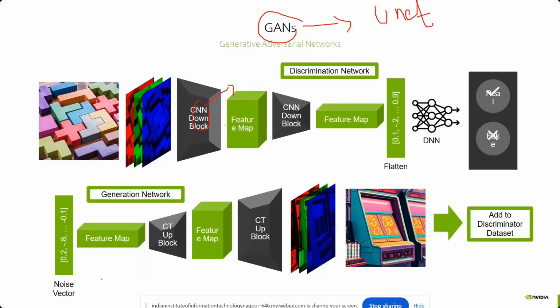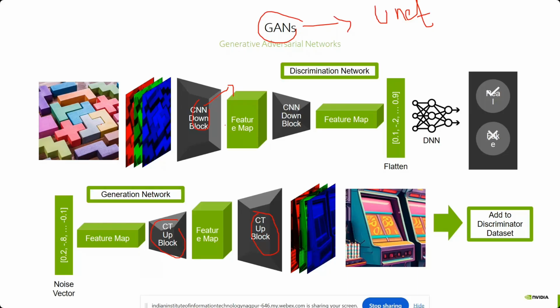Now you have another network, that is a generative network. The generative network randomly takes the noise, and here you have the transpose convolution block. This is the main core part of UNet and the diffusion model architecture, that is, transpose convolution. Transpose convolution is expanding the image or increasing the dimensions of the image.